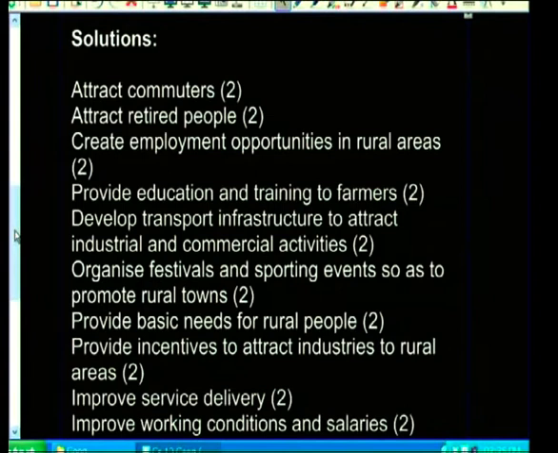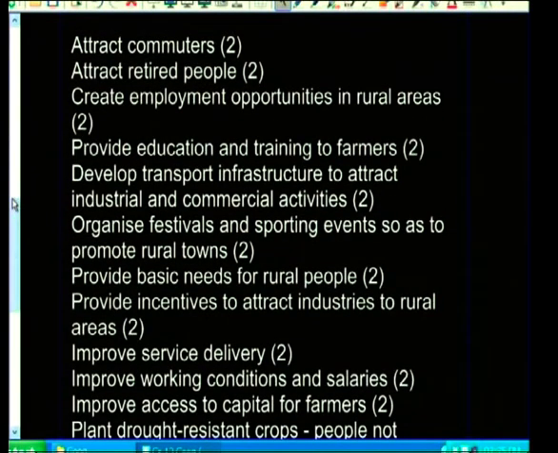All right, so let's go through some of our solutions. Our solutions for this idea, as to how to encourage people to stay in the rural areas, or encourage further people to move to those rural areas. Number 1, we can attract commuters. Commuters are people who work in a particular place but live in another environment.